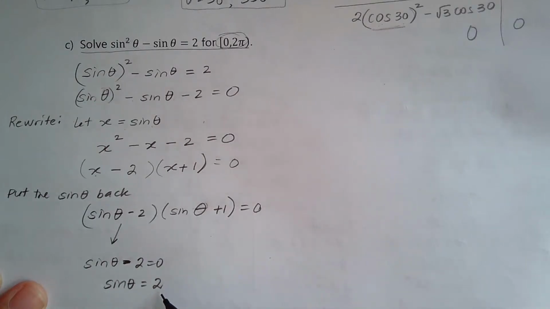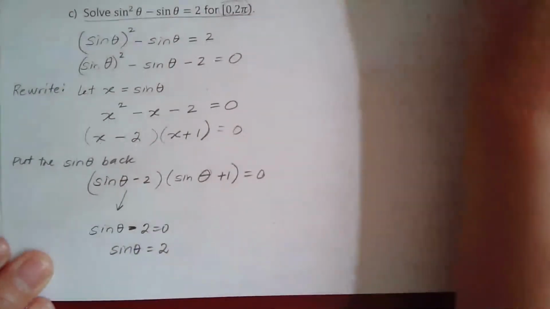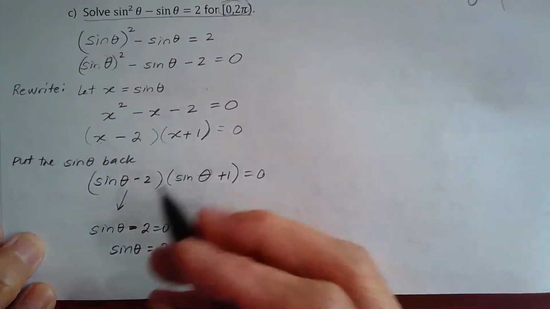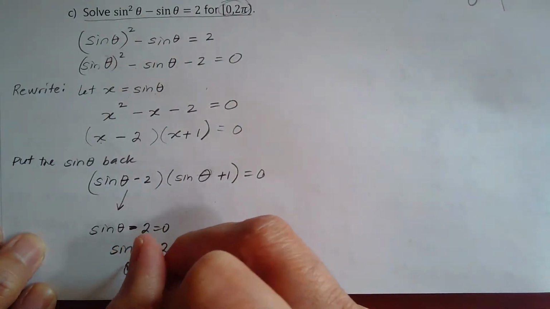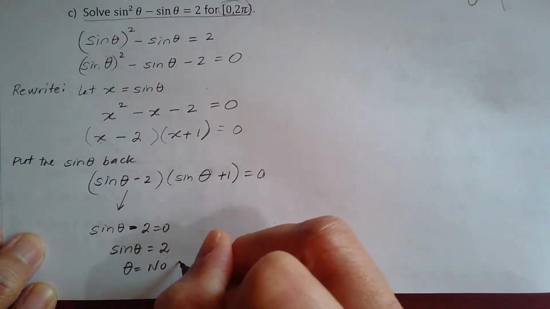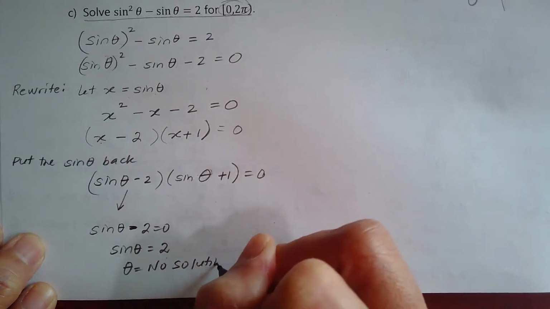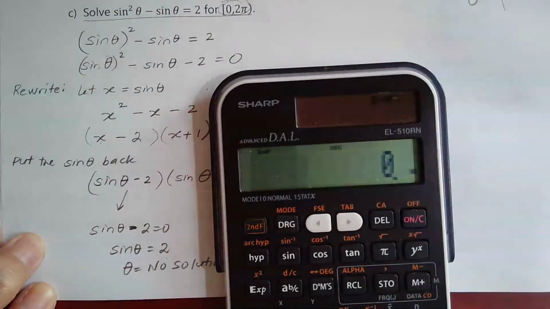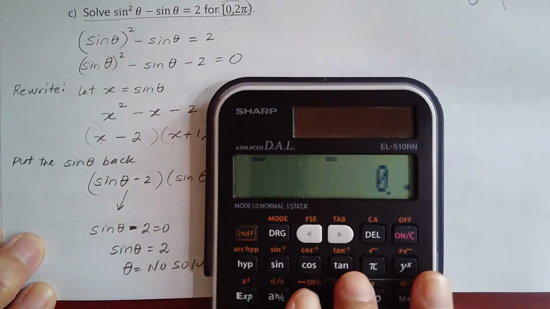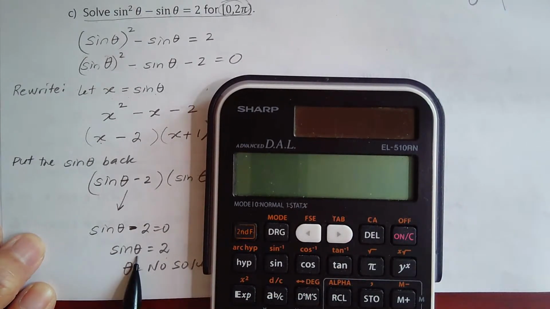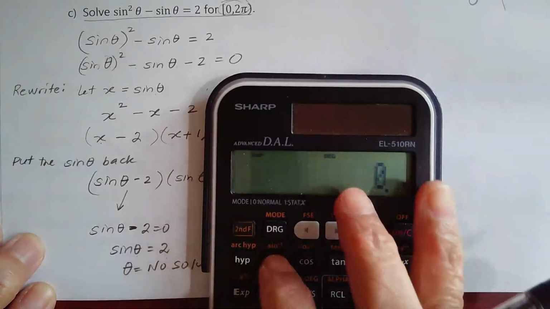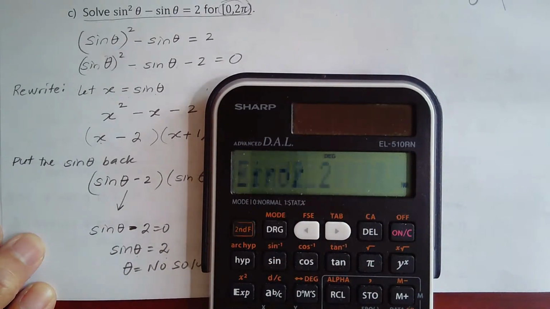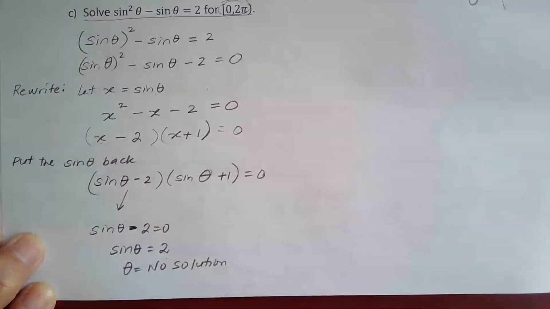We won't have a sine of theta equal to 2, so no solution. On the calculator, solving for theta, you take the sine inverse of both sides, so sine inverse of 2, and you get an error. No solution there.